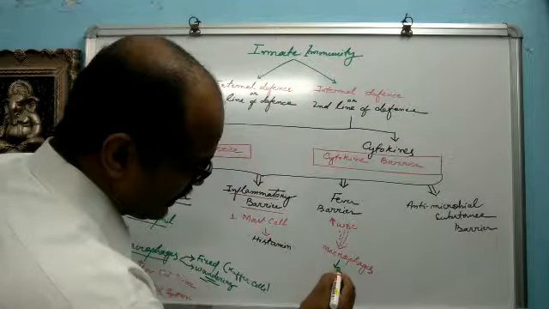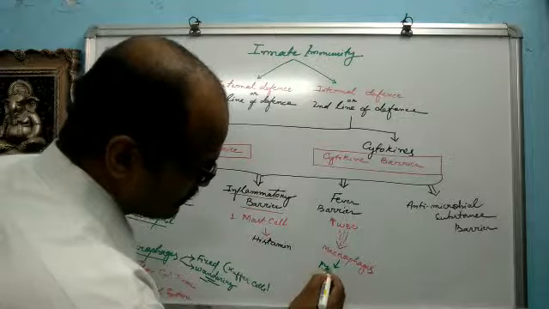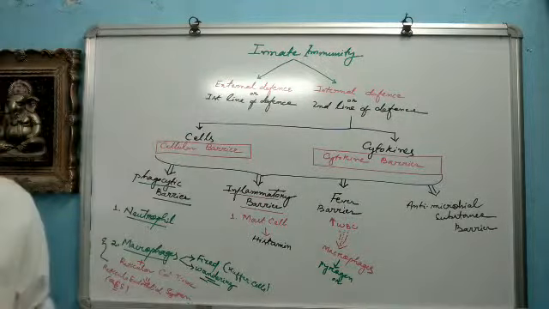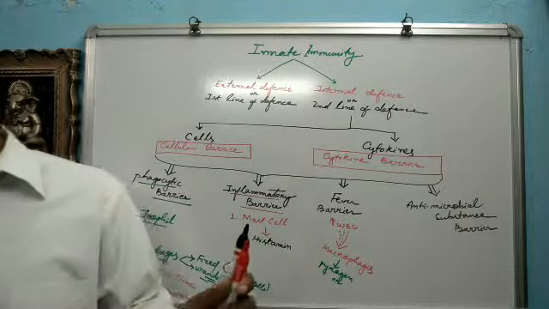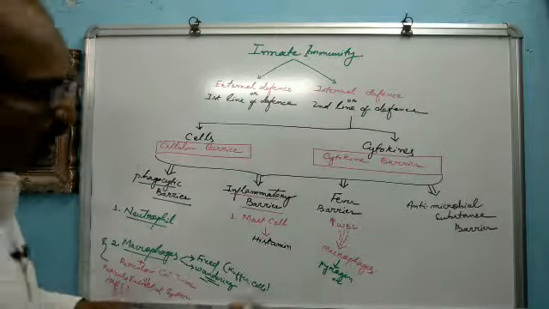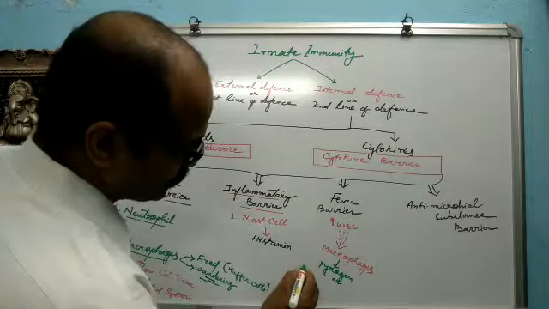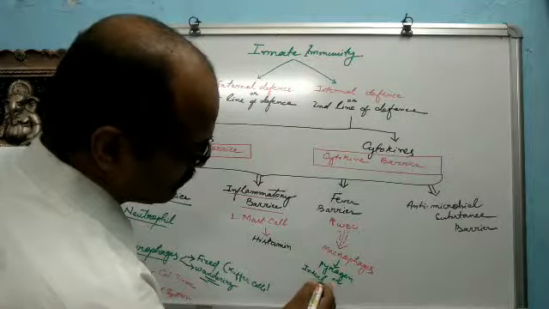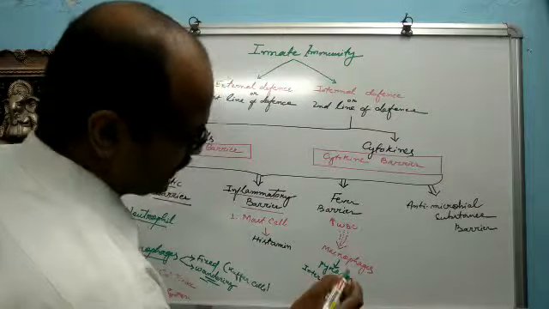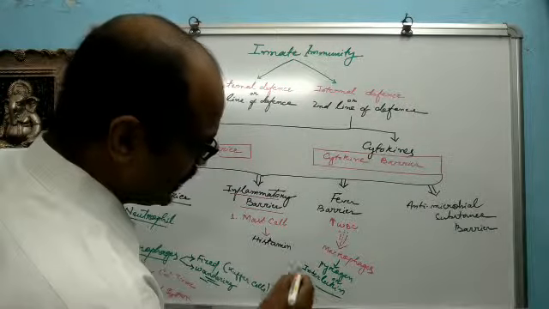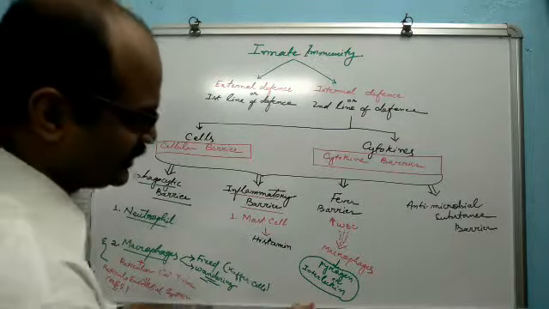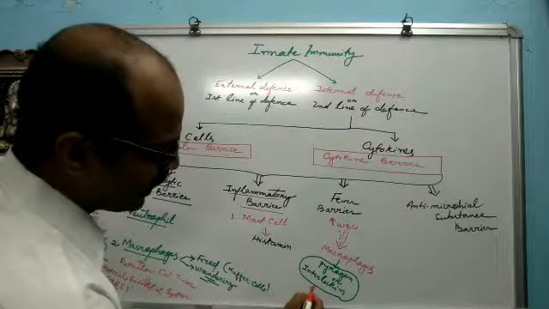It secretes the chemical known as pyrogen, or this is also known as interleukin. This pyrogen and interleukin activate the hypothalamus.